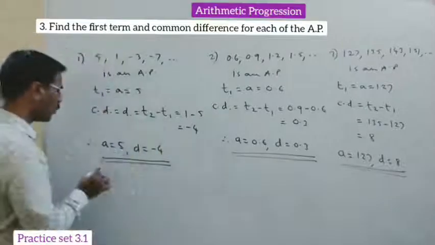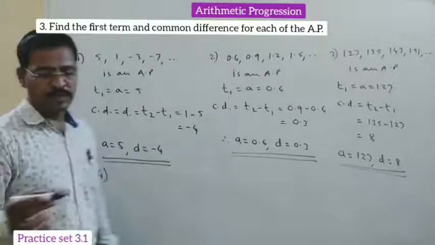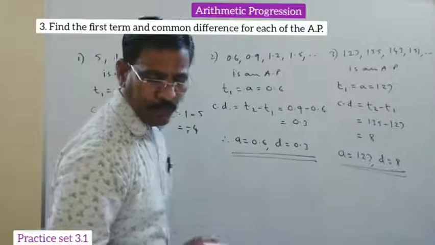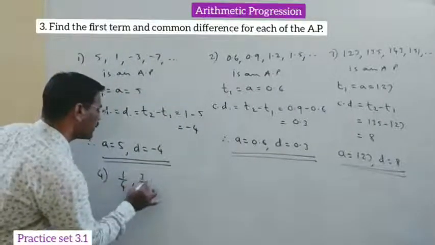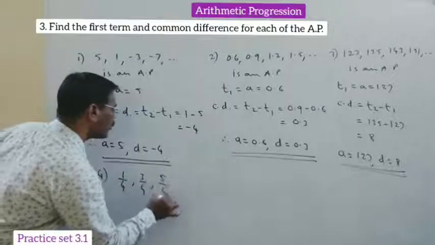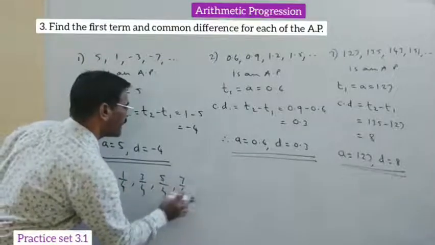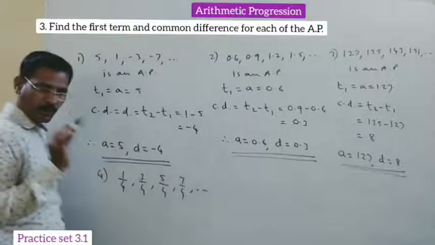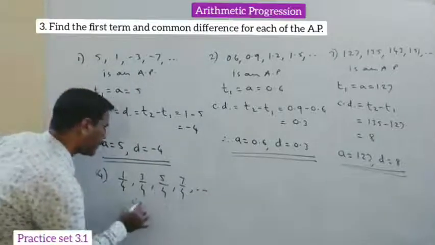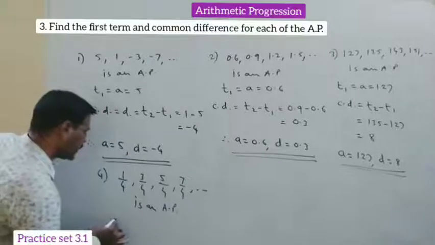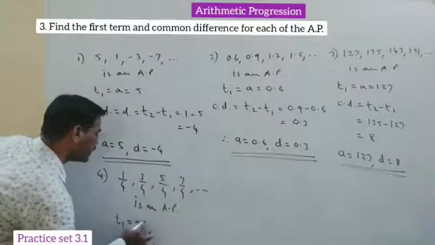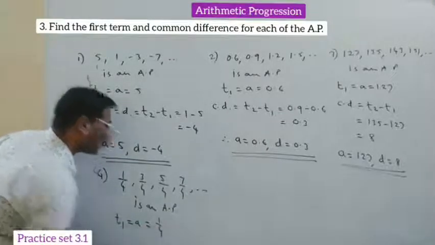Yes, now one more remains, that is the fourth one. Look here: 1 upon 4, 3 upon 4, 5 upon 4, 7 upon 4, like this they were given to us. Now it is an AP. See here, the first term A is 1 upon 4.